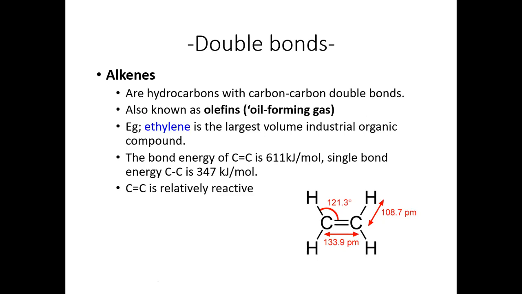The bond energy of the carbon double bond is 611 kilojoule per mole. The single bond energy is less, you see. So the bond between the double bond is very strong, and the C double bond is reactive as compared to a single bond.